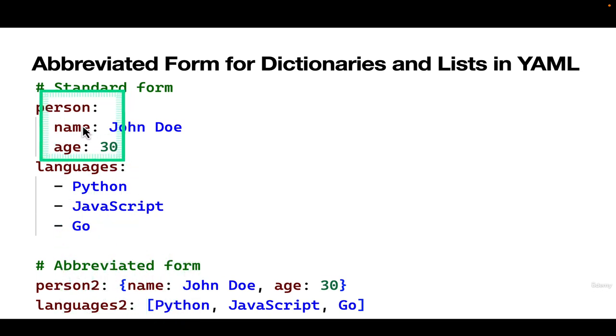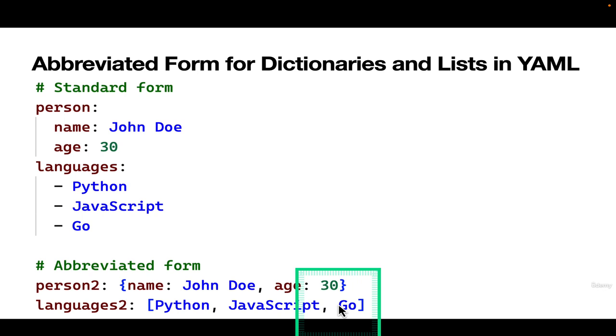So this same person, if I represent it, this is a map, so just put curly braces, key value, comma, then again the second key and the value and closing curly braces. The abbreviated form for a list uses square brackets and list items separated by commas. So the same represented like this: put a square bracket, put the elements separated by comma.